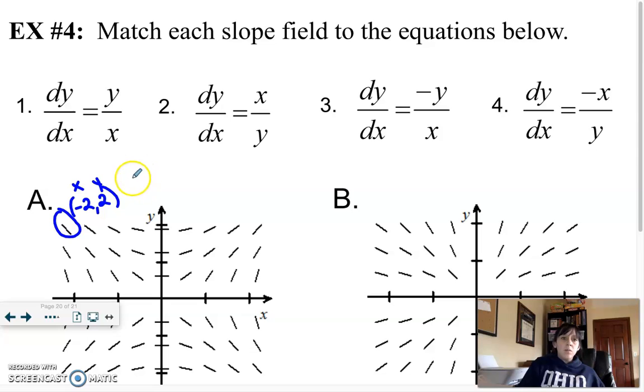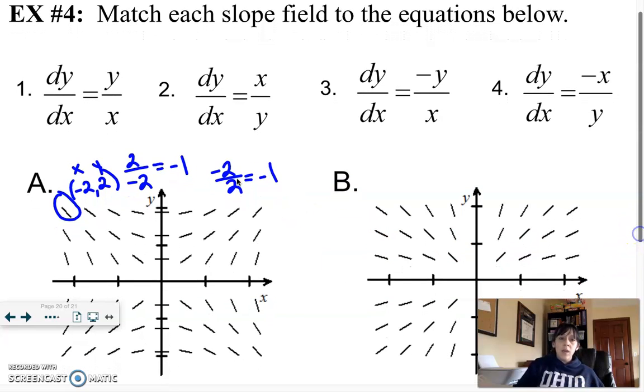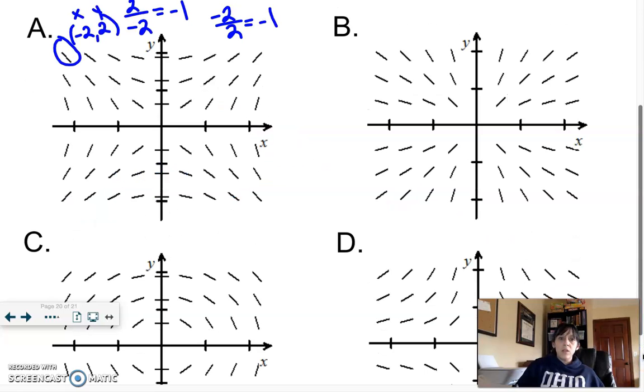Let me think here. So if I look at equation number 1, the y over the x would be negative 1, which could be a negative 1 slope. Number 2, the x over the y is also negative 1. Okay, so we're getting the same answer for 1 and 2, so then it must be another point that's different.